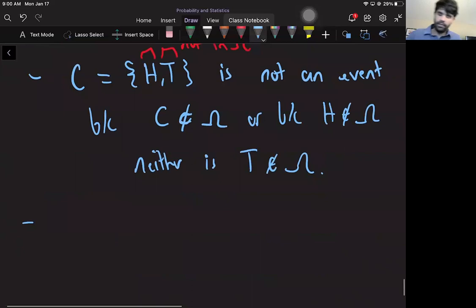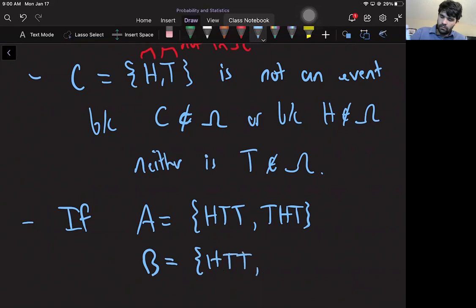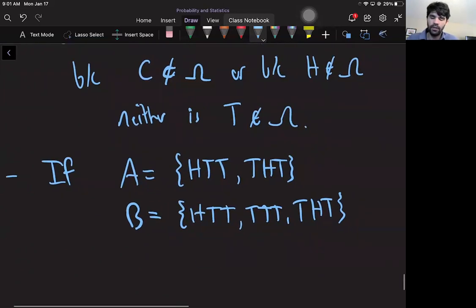And we can talk about events in relation to each other. So if you have two events, let's make A be this one, and B be this one, THT. Then they have a relationship to each other, which is one is inside of the other.